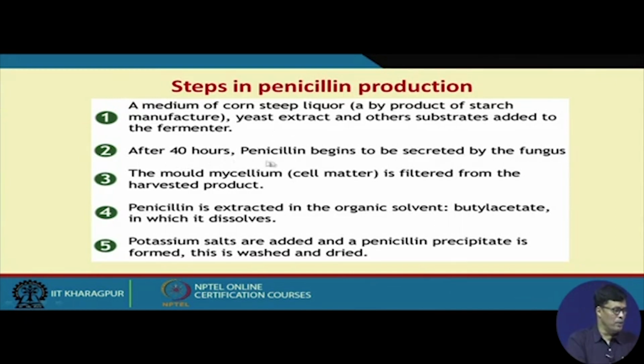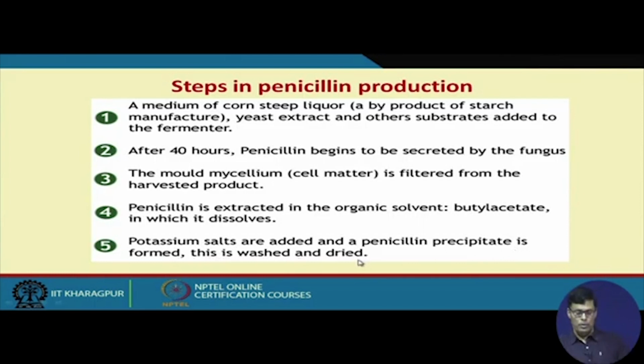After 40 hours penicillin begins to be secreted by the fungus. The mold mycelia is filtered from the harvested product, and the penicillin is extracted with the organic solvent butyl acetate or amyl acetate, in which it dissolves, and potassium salt is added so that the penicillin precipitates, and it is then dried.